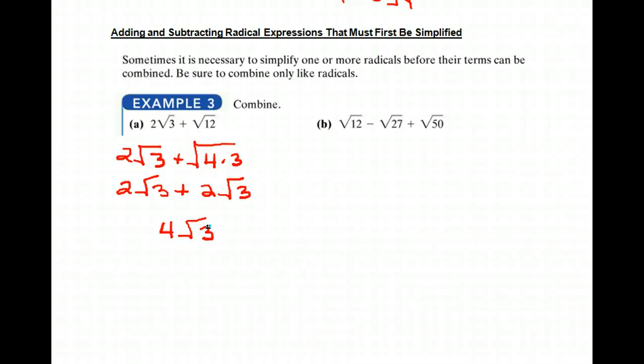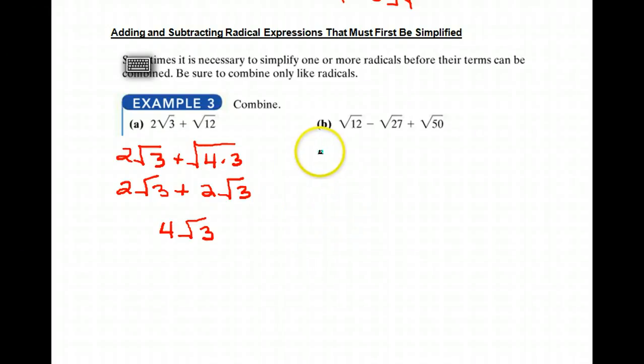Moving on to example B. You, as I mentioned, have to look at the factors for each of those individual radicals to see if they contain a perfect square. You can never leave a number in radical form if there is a perfect square that can be factored out of it.